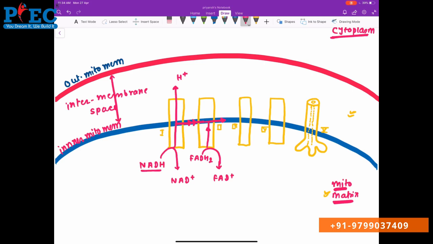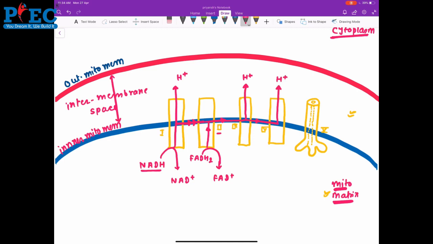So no hydrogen is pumped via complex 2 to the intermembrane space. All the hydrogens are diverted towards complex 3. Via complex 3, some of the hydrogen ions will be pumped to the intermembrane space, and the remaining hydrogens will be diverted towards complex 4. Now complex 4 will pump all the remaining hydrogen ions.